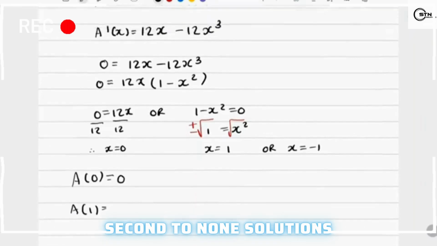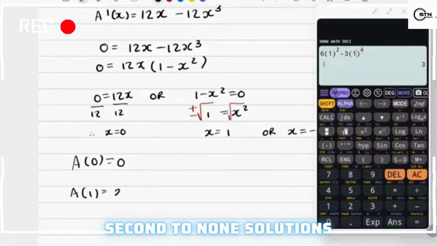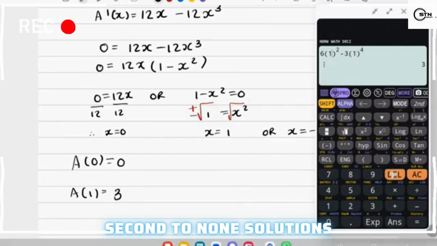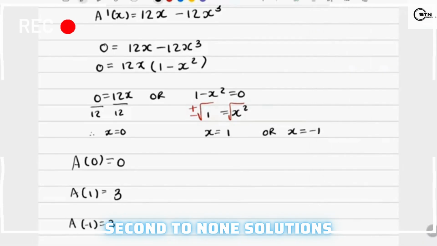So let's try A of 1. If you substitute 1 into that, let's see what we get. We get 3. Okay, 3 centimeters squared, of course, because it's area. If you substitute negative 1, you're going to get the same thing. You see that A of negative 1 is also 3 because of that squared and that 4.